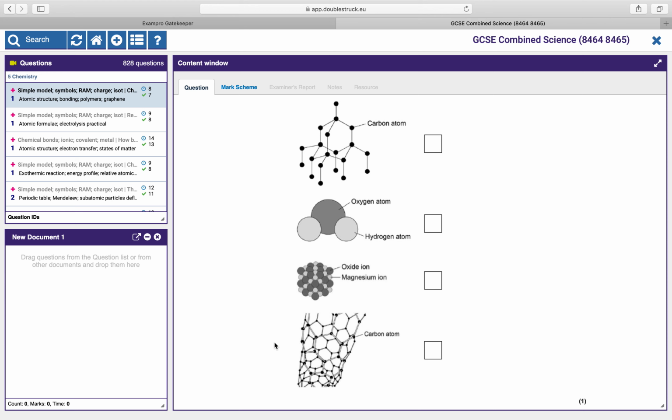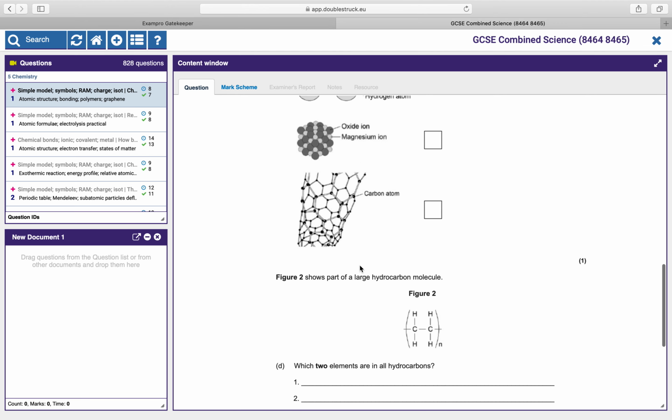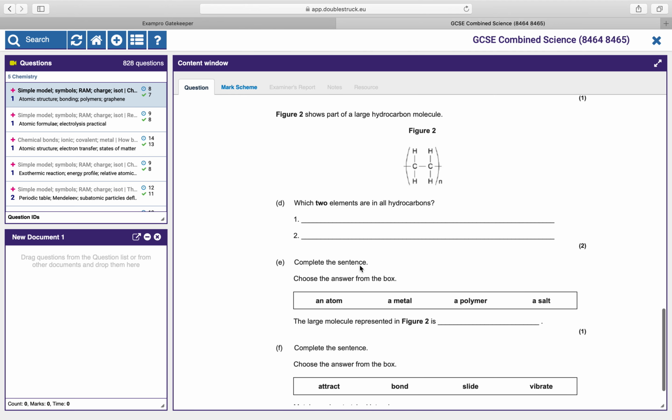Whereas usually covalent molecules are quite simple. H2O is just one oxygen atom with two hydrogens. However, this is another interesting one. A large hydrocarbon. This is what's called a polymer.